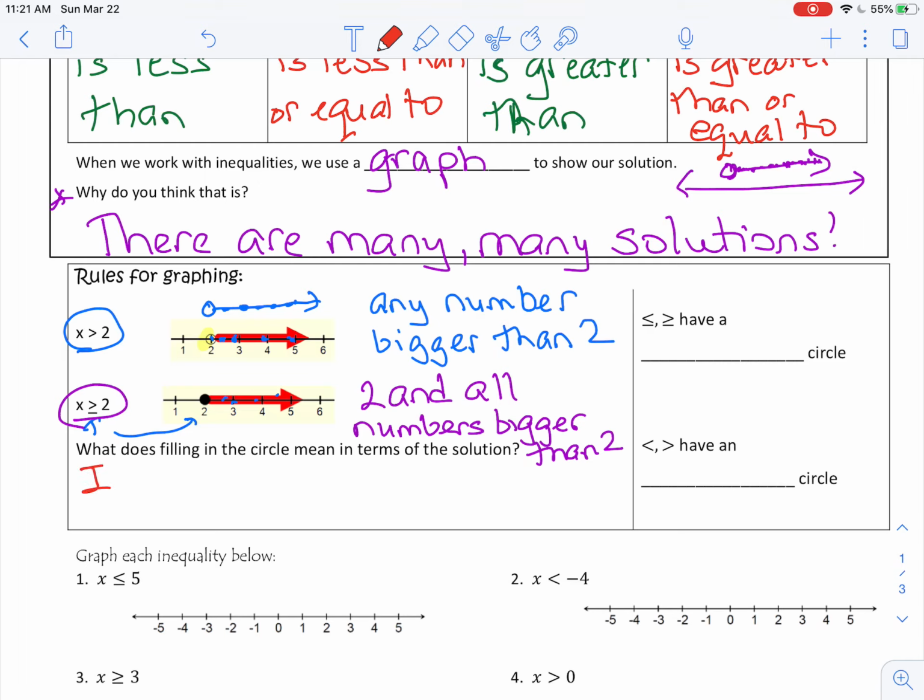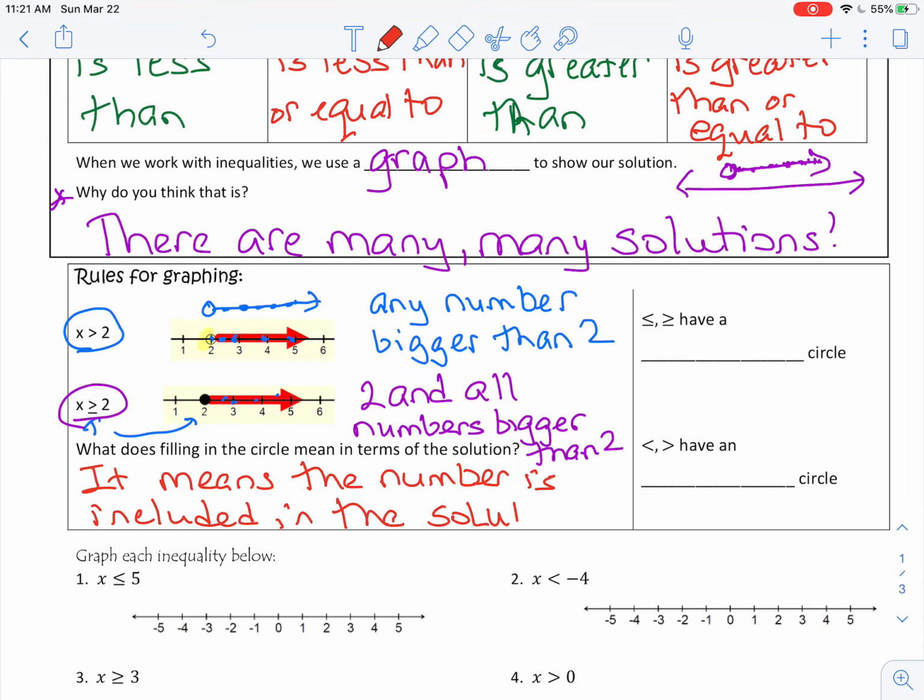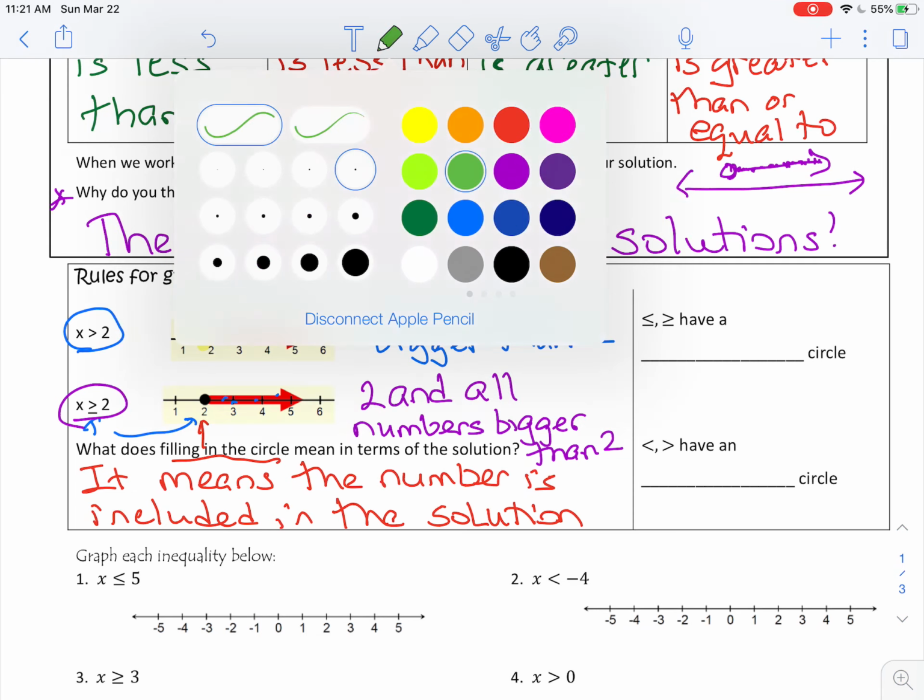It means that the number is included in the solution. So in this situation, it means that with filling in the circle, it means that the 2 is part of the answer.